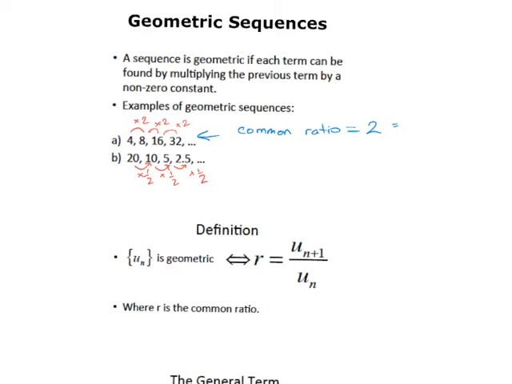A fraction. Technically, girls, a ratio can also be written as a fraction. If I wrote U2 over U1, that would be 8 over 4. Is that correct? And is that 2? Yeah. Same with U3 over U2, 16 on 8. That's 2. 32 on 16. That's 2. Is everyone okay?